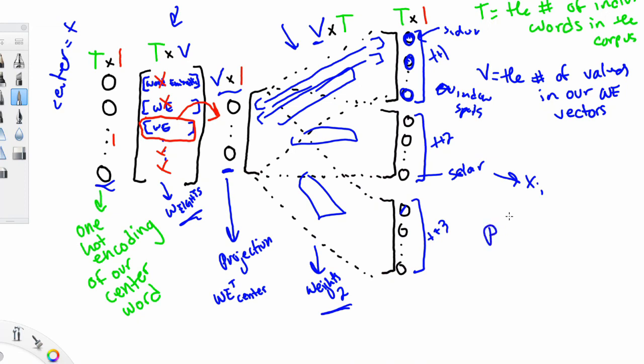We say the probability of our output word, that would be our context word, given our center word, is going to be equal to e raised to the output dot product with the center word embedding that we get here, over the sum, and this is really t, of e to the output word, that's our context word t, dot product with the center word.